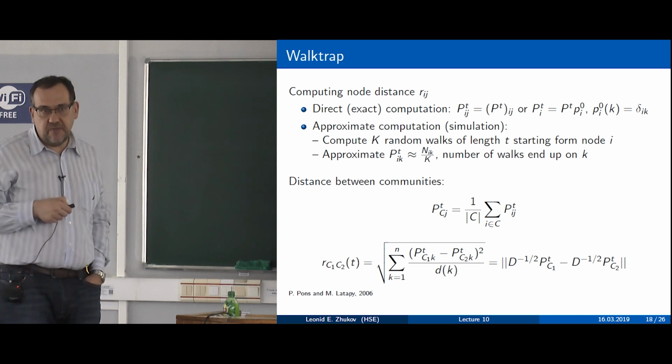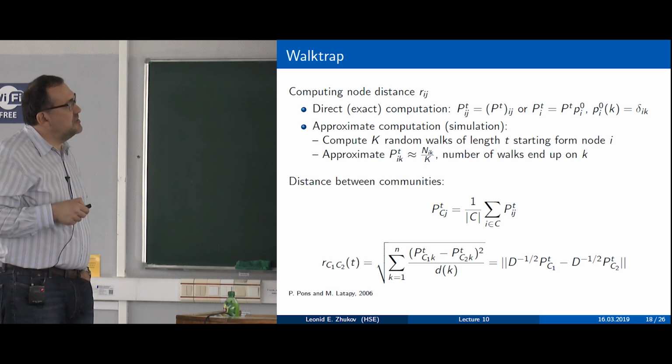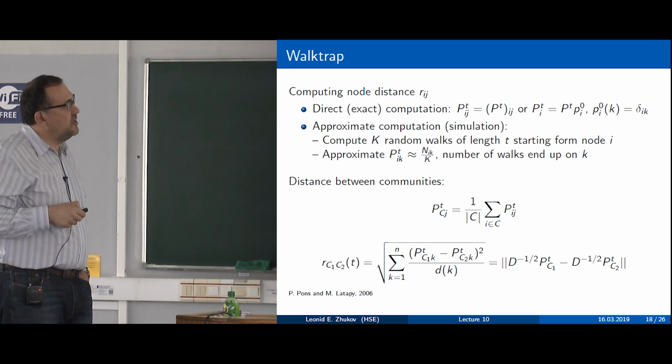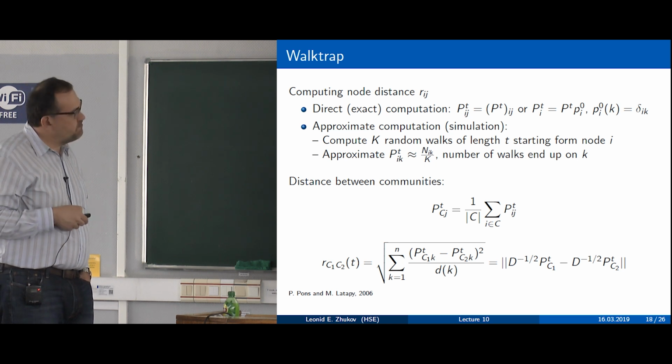In your random walk with t steps. And then based on this distance between nodes, you can define distance between communities calculated as the average distance between nodes within that community.